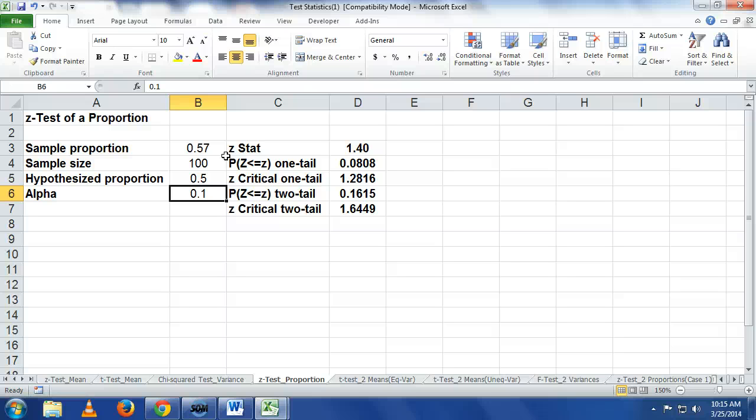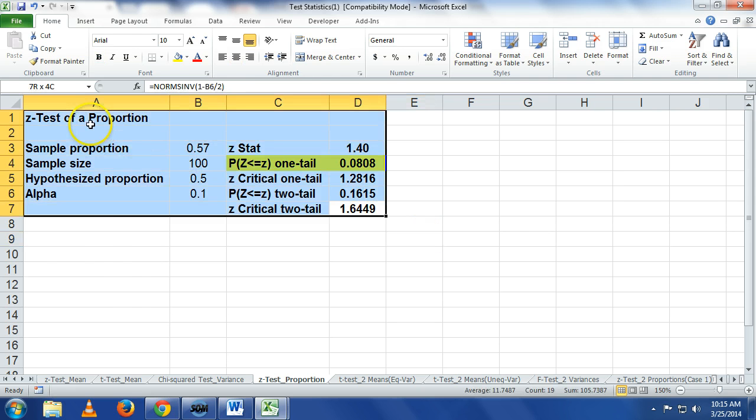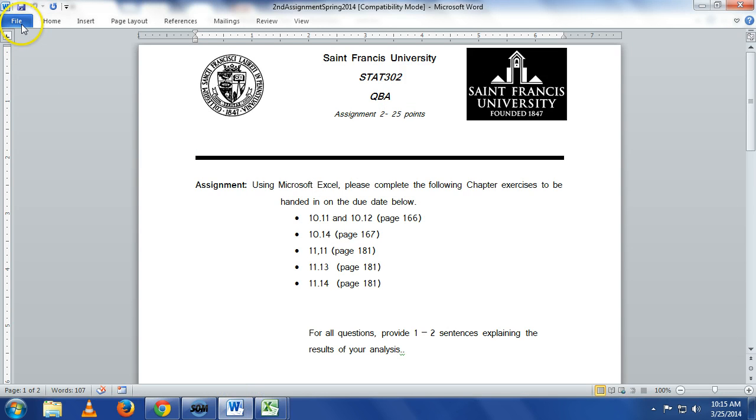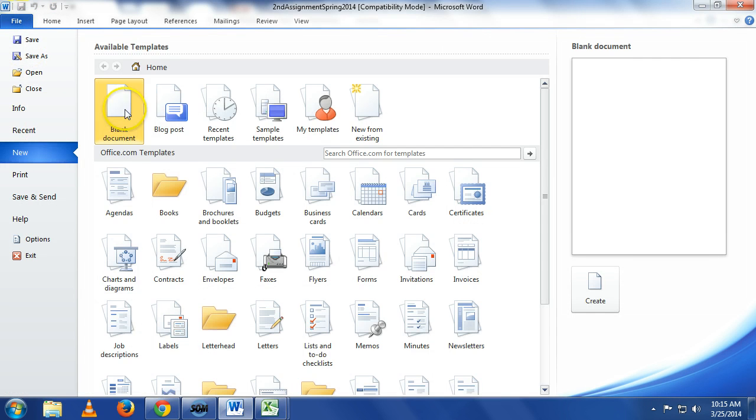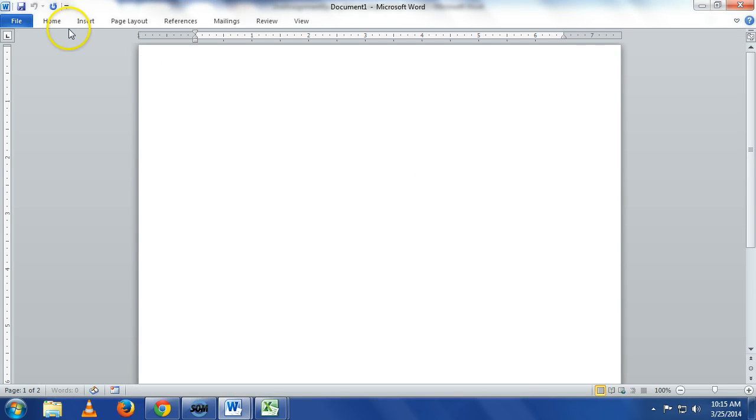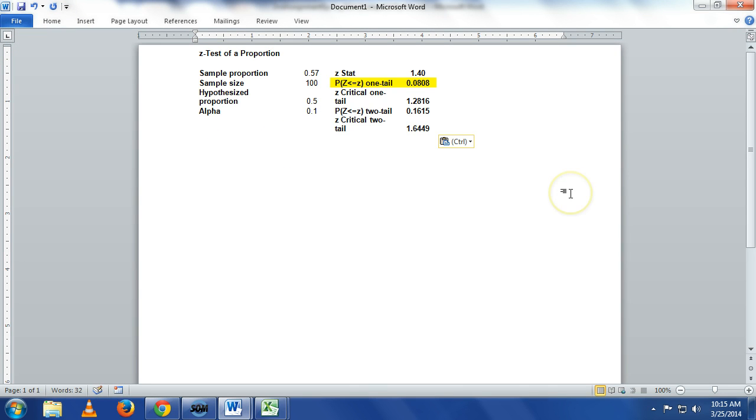Here's what I would do. I would take this, I'd highlight this because that's really the important thing. Maybe I would copy this into my Word document that I'm building. I'd paste it over here. And I would say, there is enough evidence. I would write a sentence.